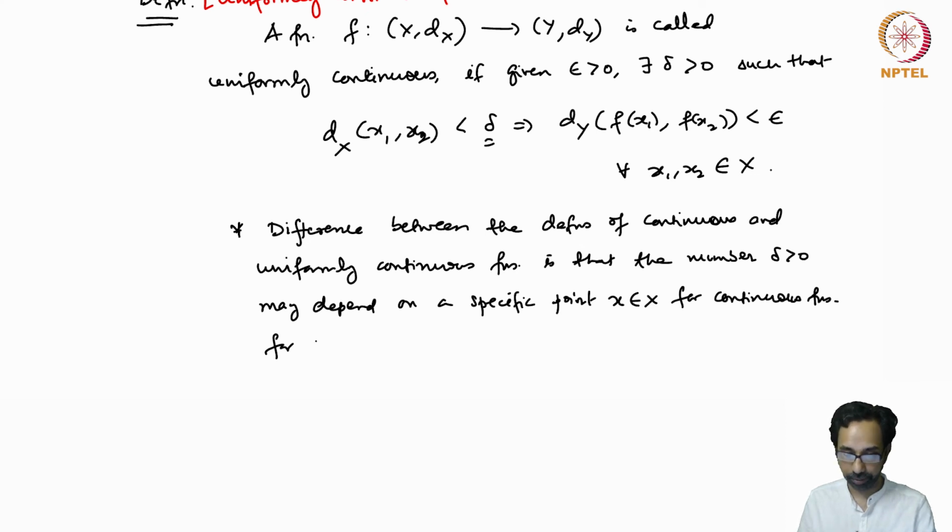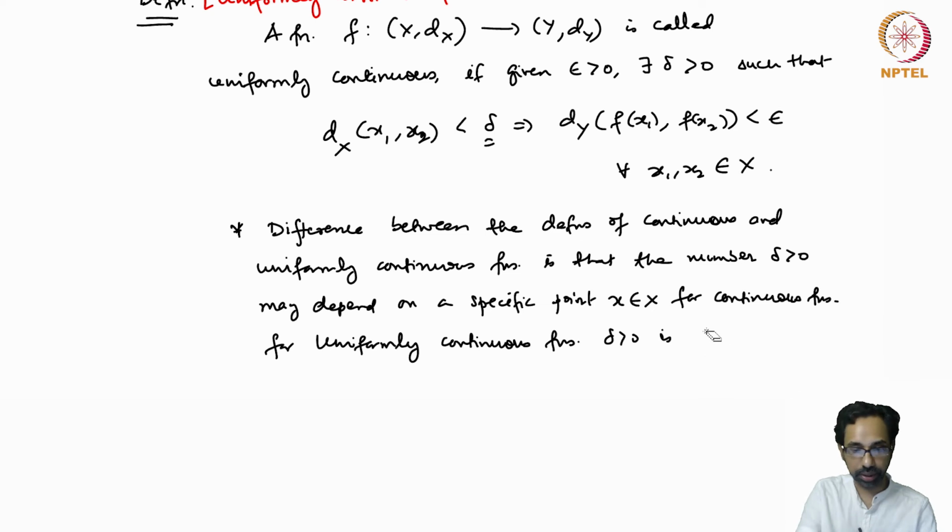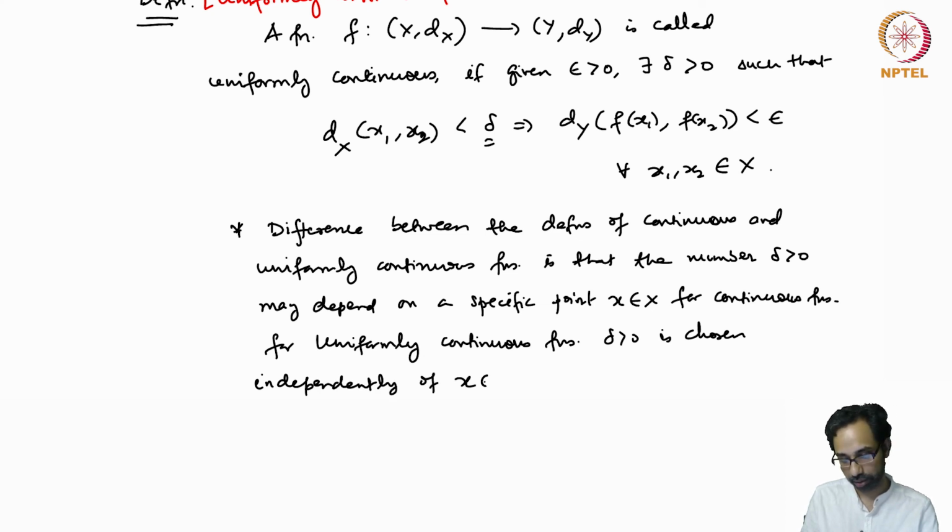But for uniformly continuous functions, delta is chosen independently of these points in X. So this is the difference between continuous and uniformly continuous functions.